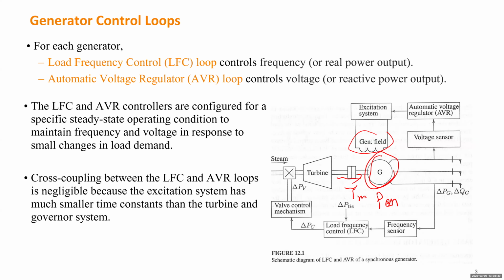Finally, the loss of stability can be caused by either the frequency loop or the voltage loop, which means it can be caused by either real power or reactive power. But for this session, we don't consider the voltage control loop, and we only focus on small disturbances that can change frequency.